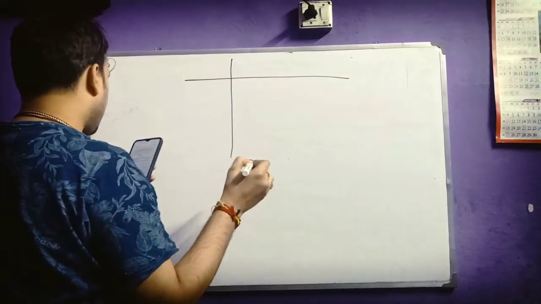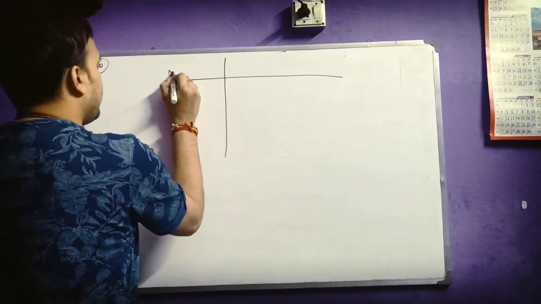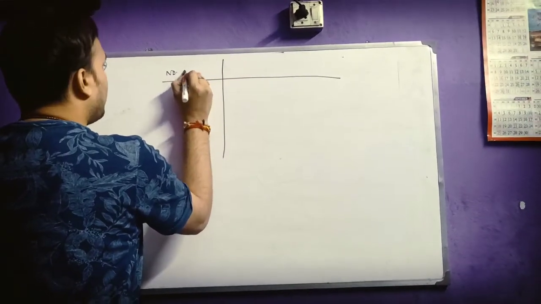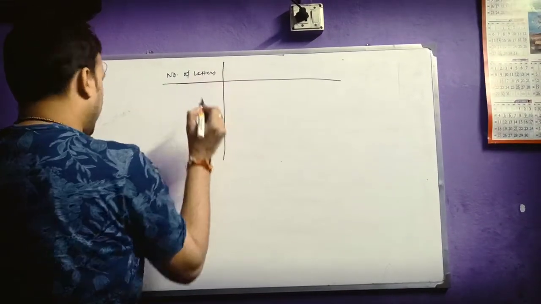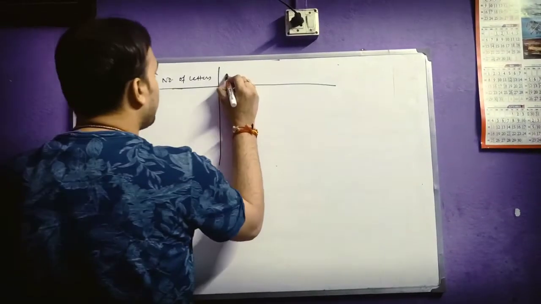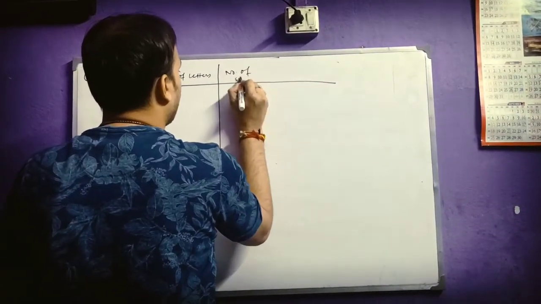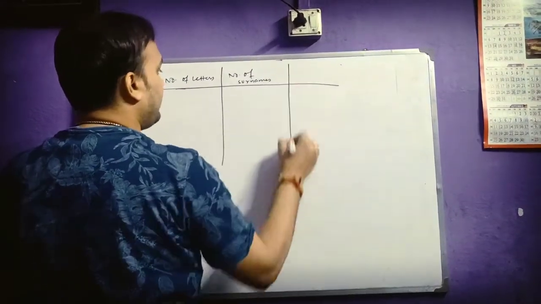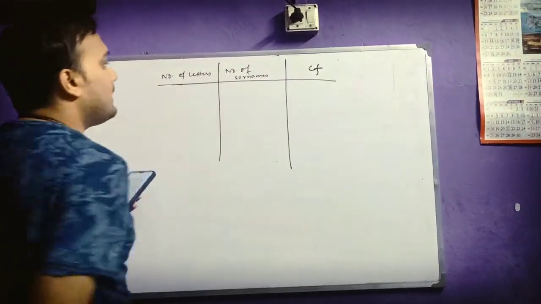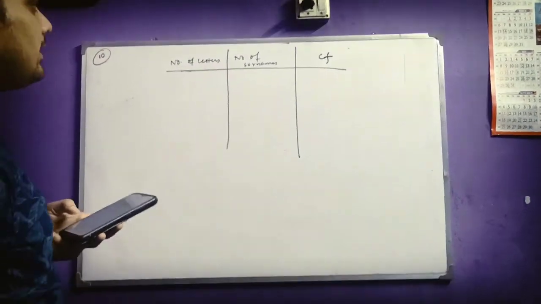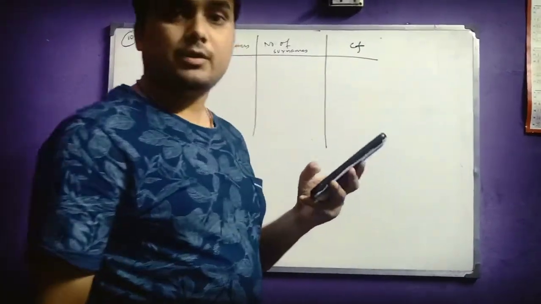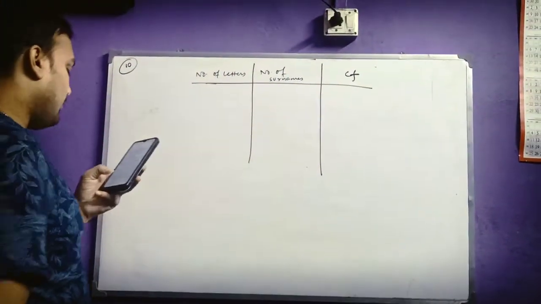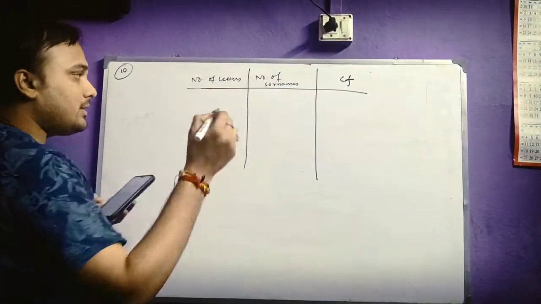First we will make the column of number of letters as given in the question, then write number of surnames, and then we'll write CF, cumulative frequency, because when you are finding the median you require the CF also. Now the number of letters is actually the class intervals.